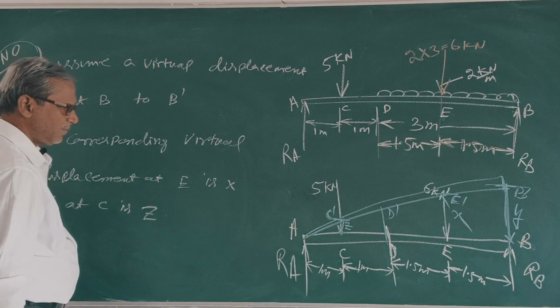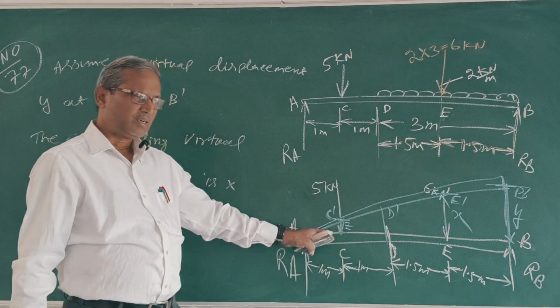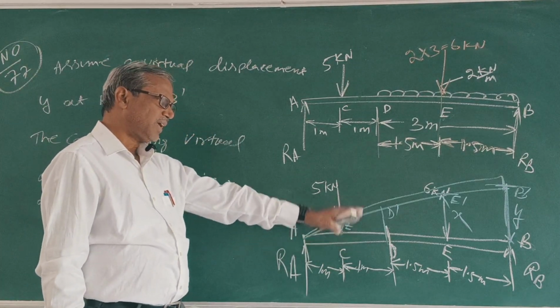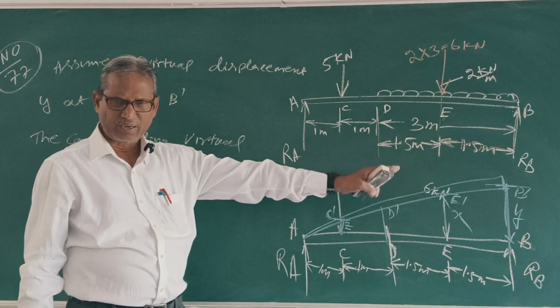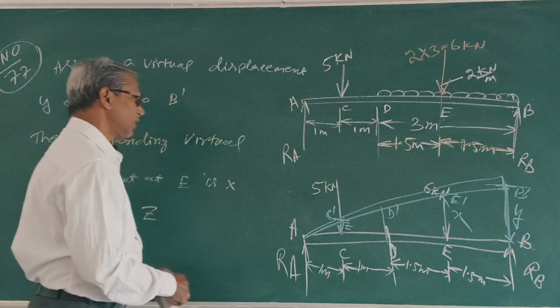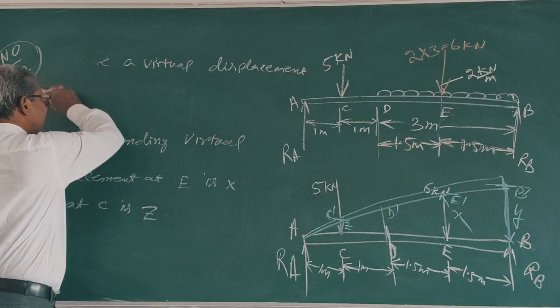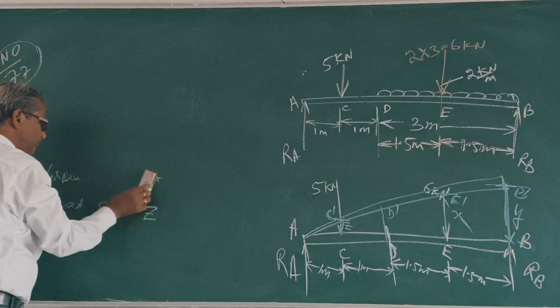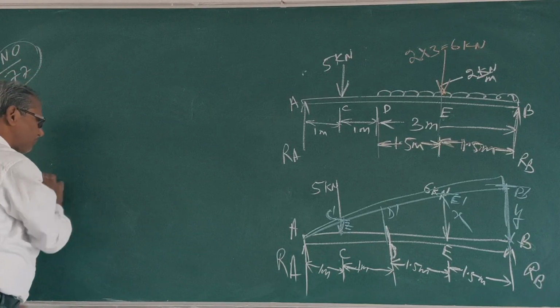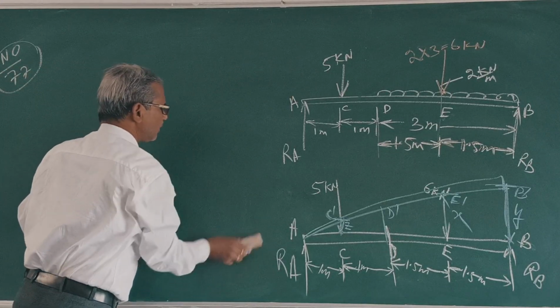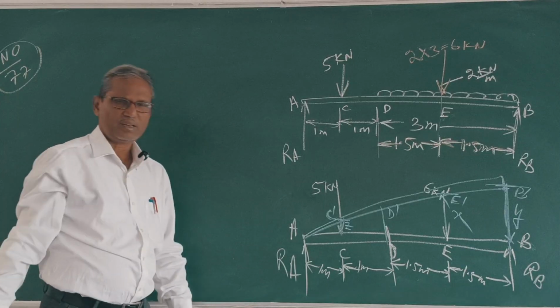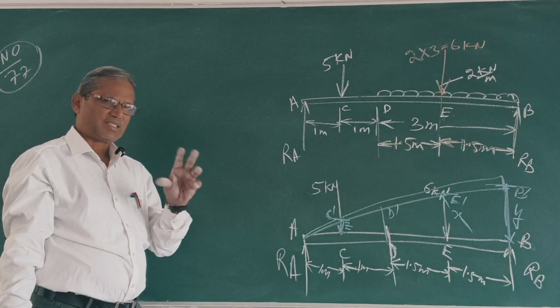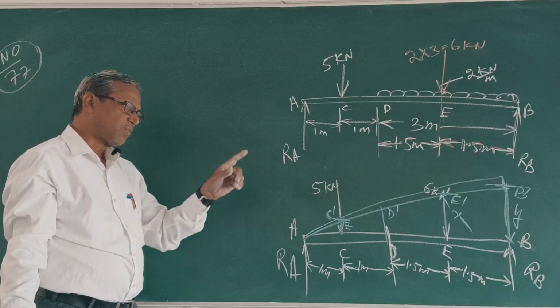At C this is z, at E x, at B y. Now first find out x and z in terms of y. Clear?